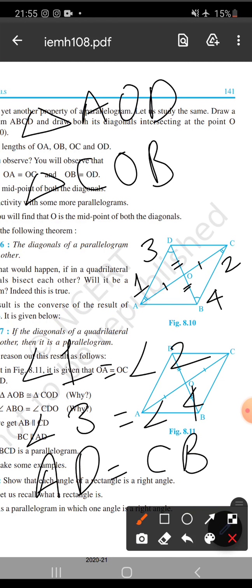So we can say that triangle AOD and triangle COB will be congruent by angle side angle congruency, and hence we can say that side DO will be equal to side BO and side AO will be equal to side CO.